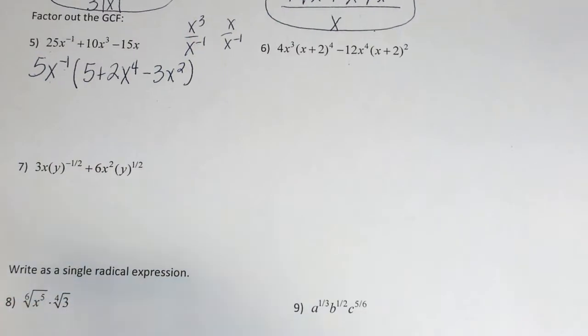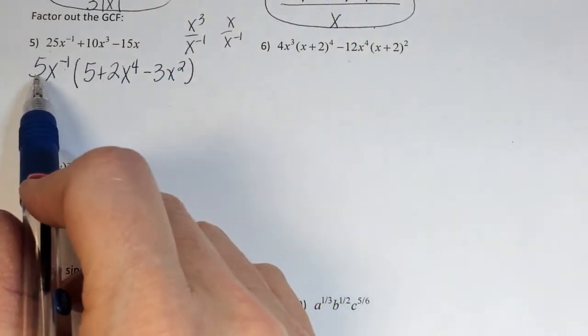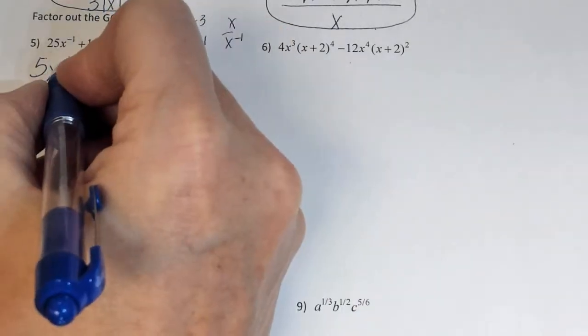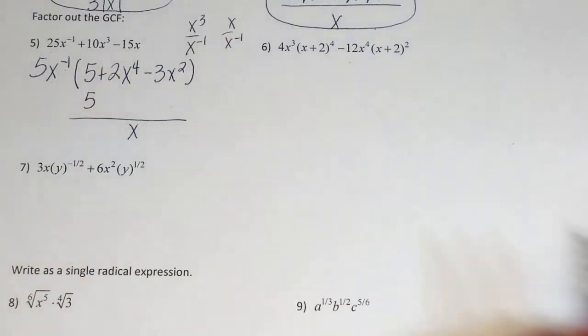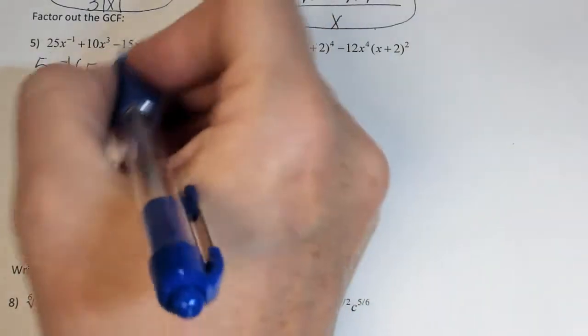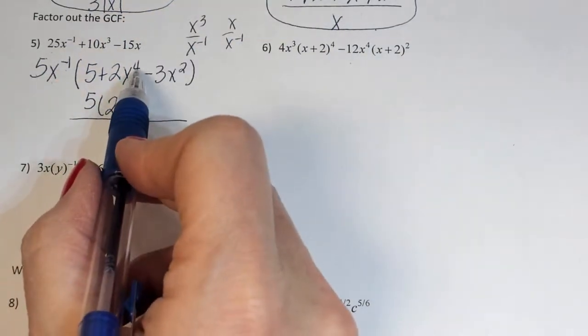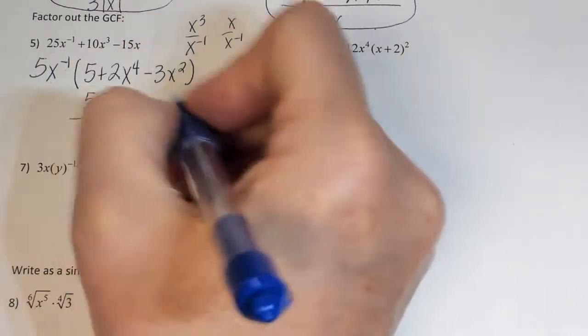Now watch closely when I get this completely simplified. I'm going to have a 5 in the numerator. But I'm going to have this x to the negative 1, that has to go to the denominator. I have to have 2x to the 4th first, because it's my highest exponent, then this term, and then that term.